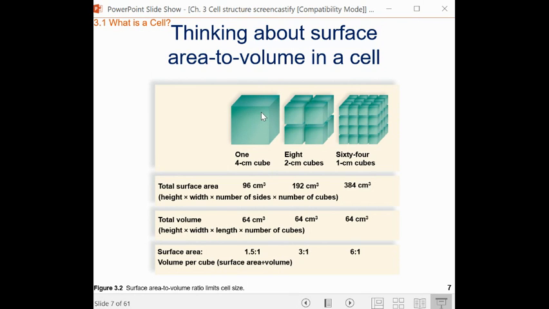So you can see in the first cube example, we have a 1.5 to 1 ratio. Just cutting it up into 8 smaller cubes changes it to a 3 to 1 ratio. But then if we get really small pieces, we get a 6 to 1 ratio. And it's when we start getting into these tiny little pieces that we start understanding why it's so important for a cell to be small so that we can efficiently get nutrients in and wastes out of the cell.